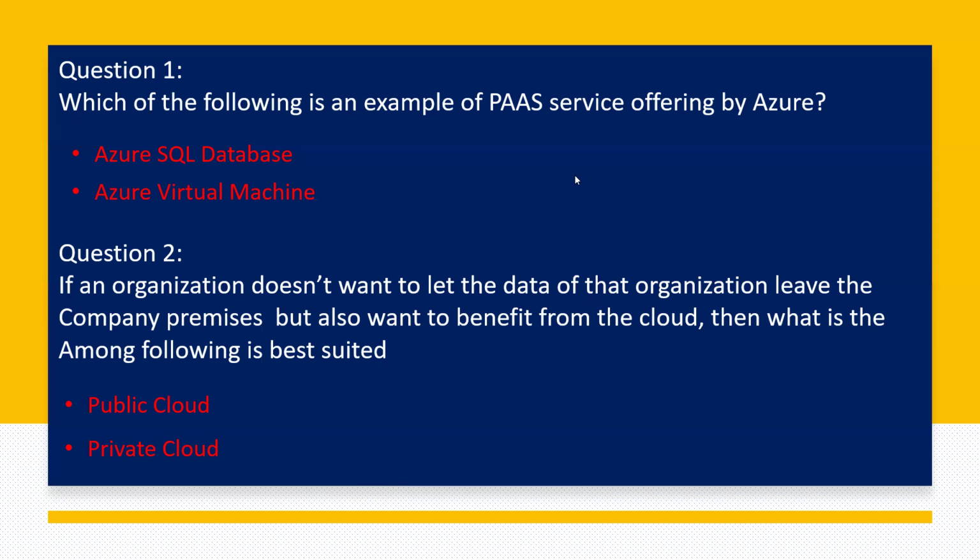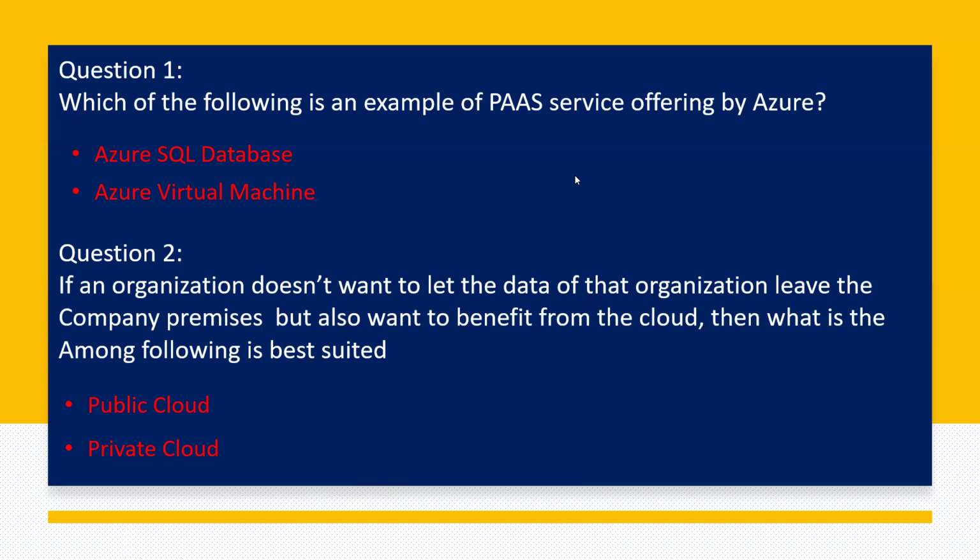What does Azure Virtual Machine come under? Is it infrastructure as a service? A virtual machine means it is one of the virtual machines. You can have it either in the private cloud or the public cloud. That is common. Does it come under IaaS?